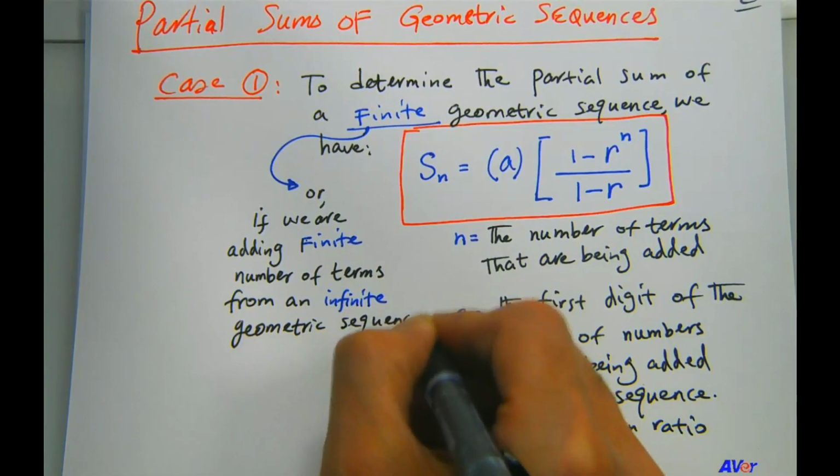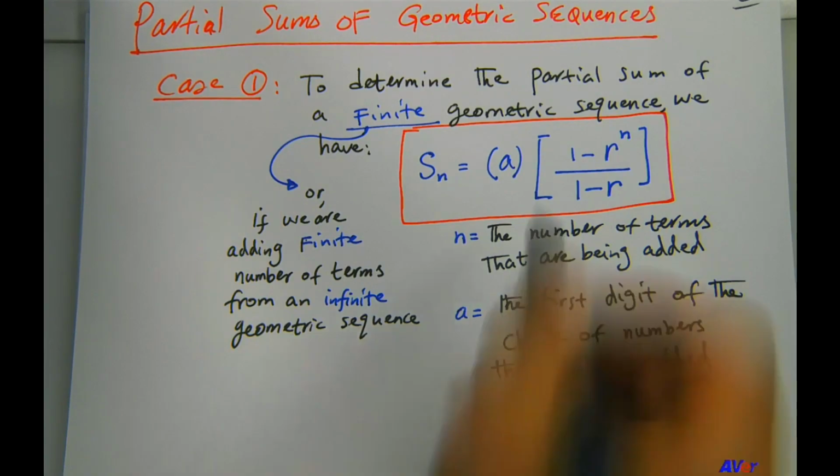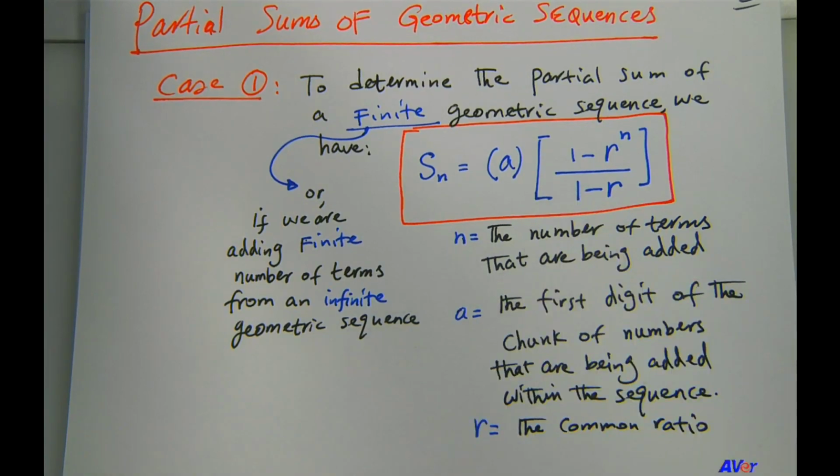That means you can still use this formula if you have an infinite geometric sequence, but you're taking a finite chunk of that for your partial sum. So you have this infinite geometric sequence, but you want to add, say, from the 100th term in that sequence all the way to the 150th term. Then you can still use this formula. As long as what you're adding within a geometric sequence is finite, you can use this formula.